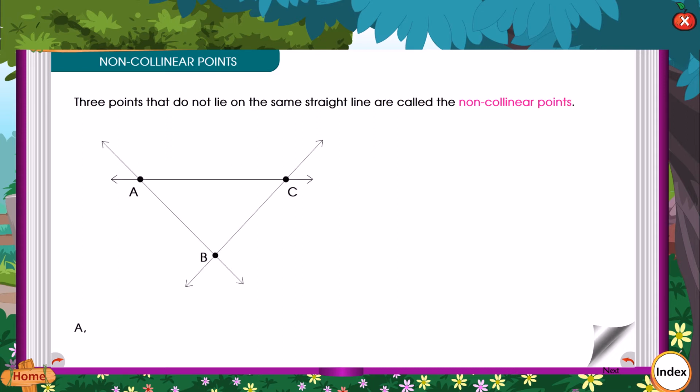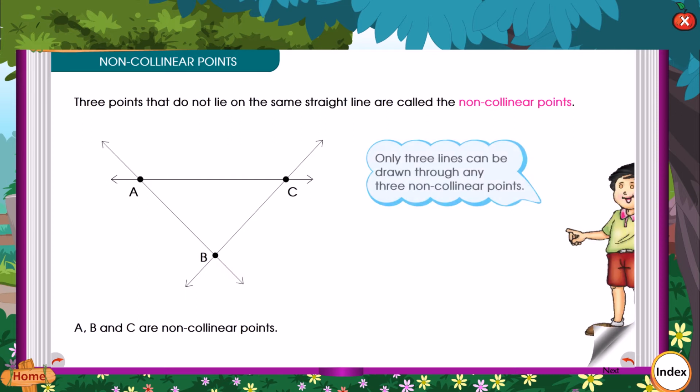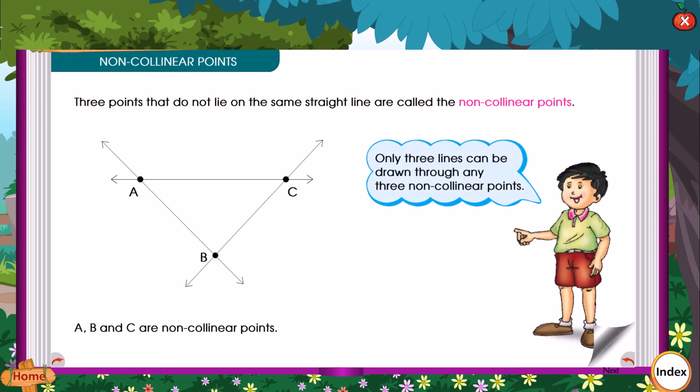Non-collinear points. 3 points that do not lie on the same straight line are called non-collinear points. A, B and C are non-collinear points. Only 3 lines can be drawn through any 3 non-collinear points.